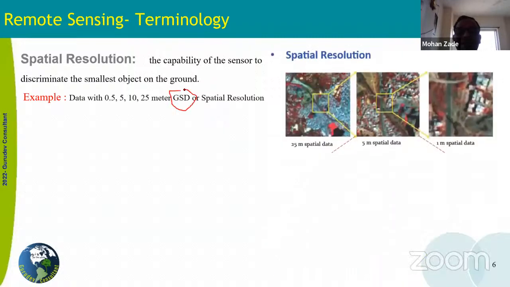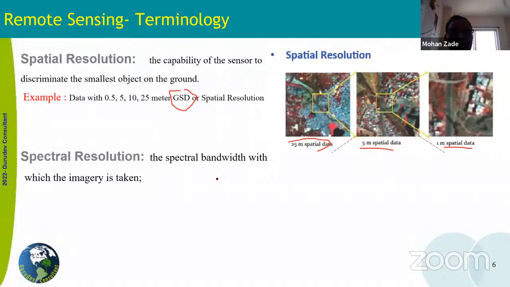This is called the ground sampling distance, or spatial resolution. And you can see here the difference between the 25 meter resolution, 5 meter and 1 meter. You can see the road here, but in this case, you cannot see the road as well.